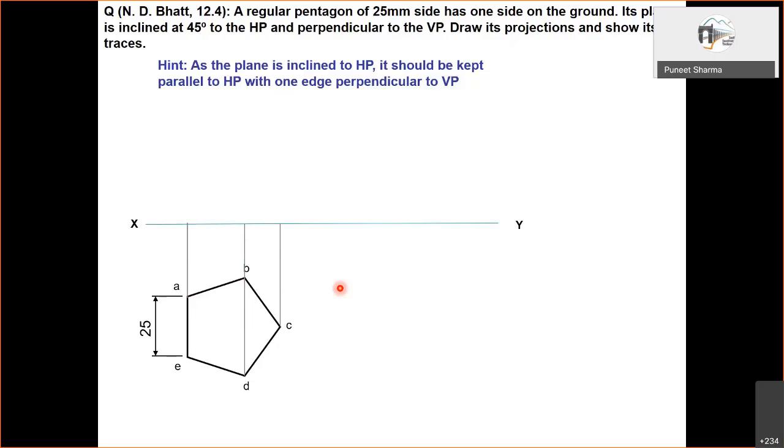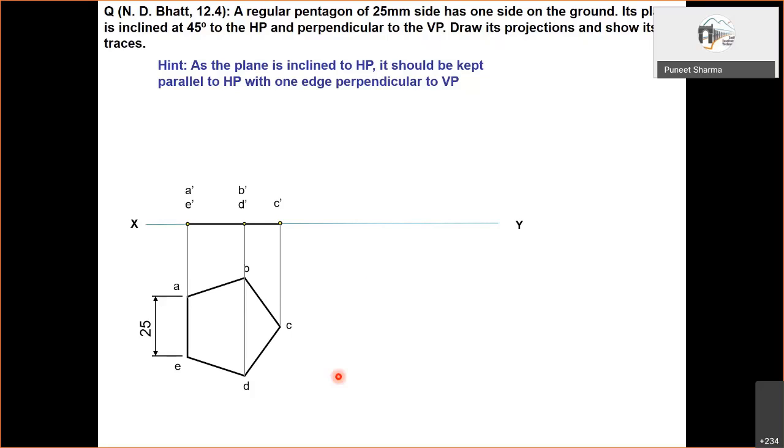Everything we will consider on the XY line only, and the reason is that we are considering it to be on the horizontal plane, so that is why this front view we are supposed to obtain only on the XY line. So you get these corners, A dash, E dash, B dash, D dash, C dash.